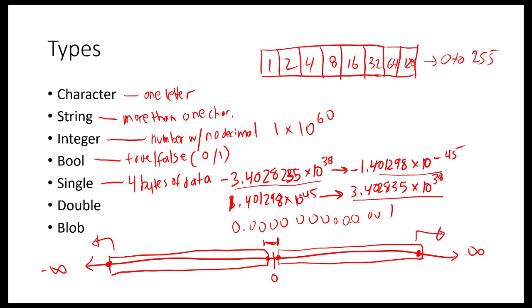And so this is how the byte is. And so these are bits. So this can be a 0 or a 1.